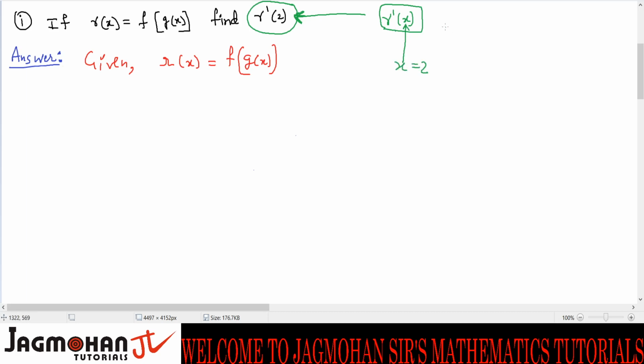When I do this, I will get r dash 2. So the first step is get r dash x. Get this first. Okay, so I will write here what I am given, r of x is f of g of x.